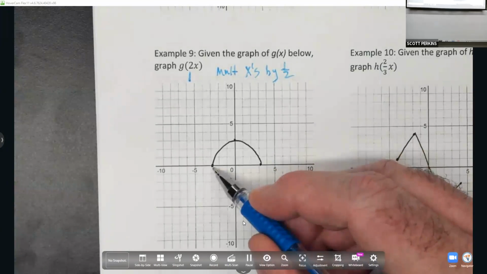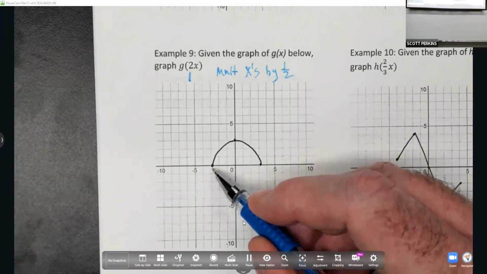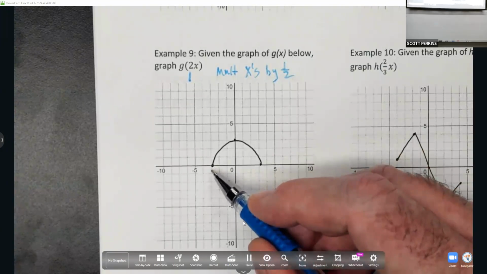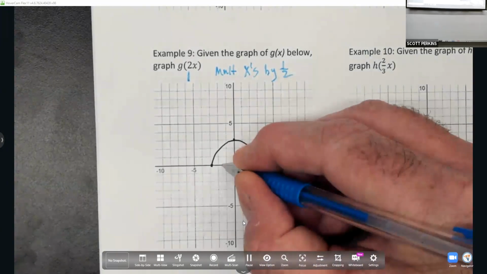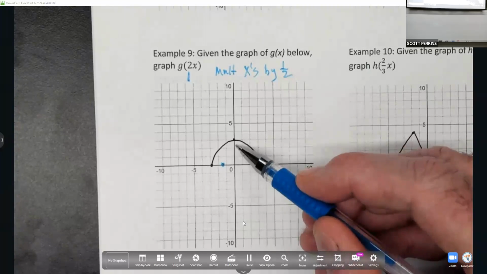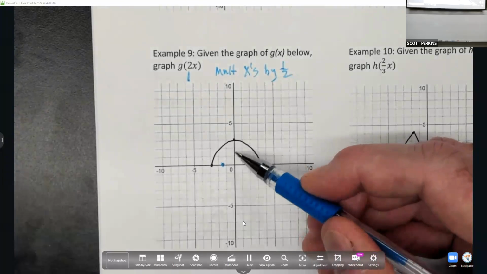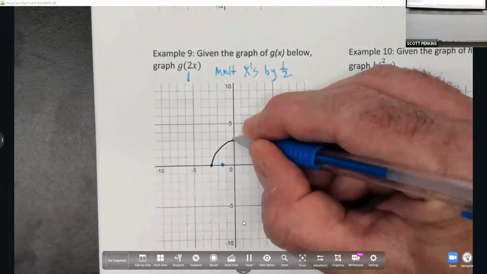The first x value on the left is, excuse me, it's negative 3. So when I multiply negative 3 by a half, I get negative 1.5. So my new x value is negative 1.5 right there. What's the x value of this middle point? 0. Okay, I just want to make sure we're looking at the right value. The x value is 0, so it's going to stay 0.